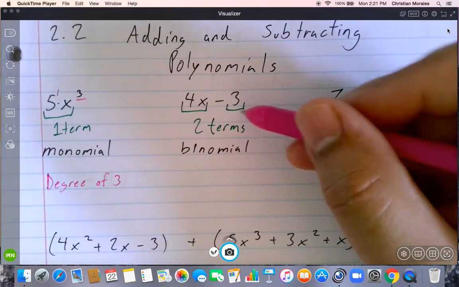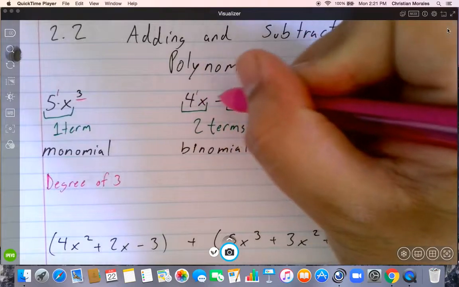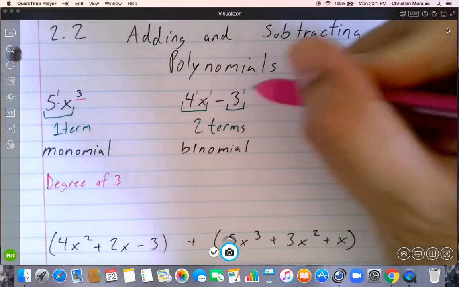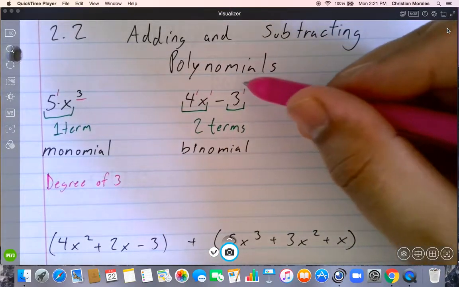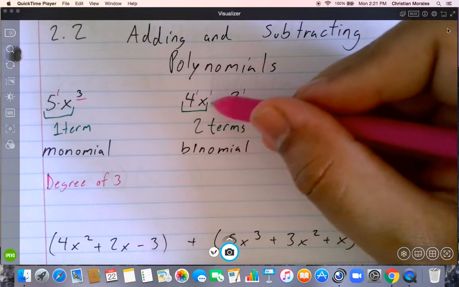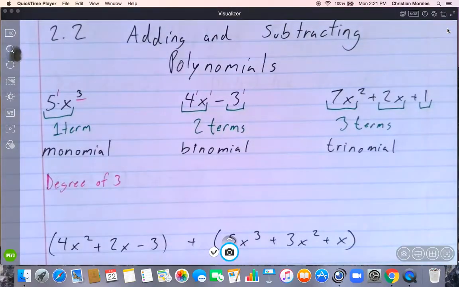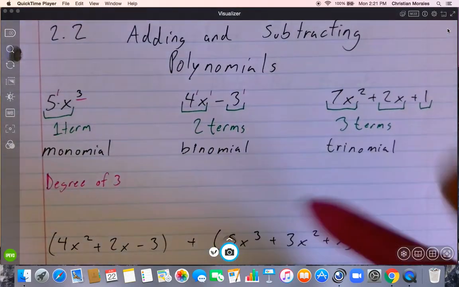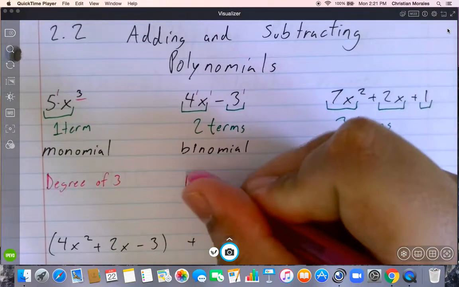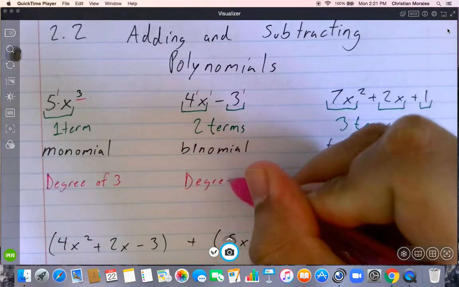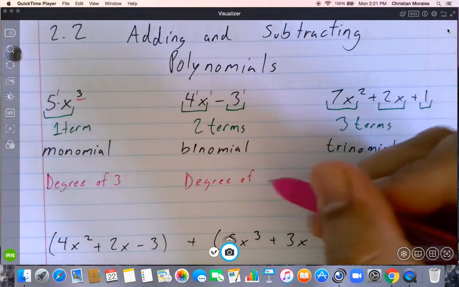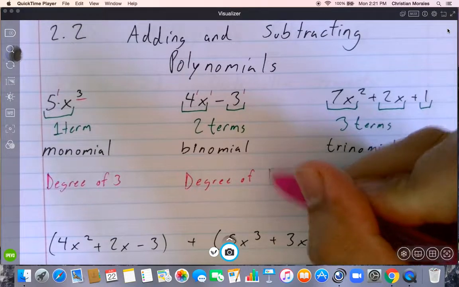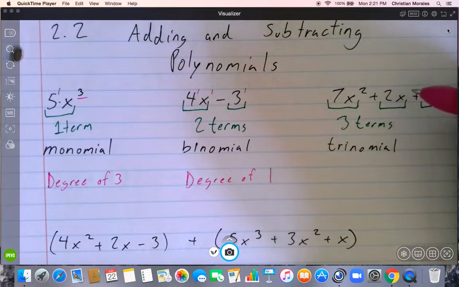Here, again, this has an exponent, this has an exponent, this has an exponent. Okay, but we go with the one that's bigger. And over here, we would say has a degree of 1. Okay.